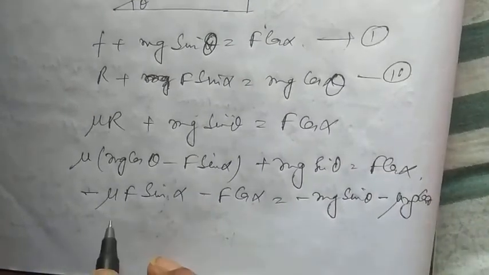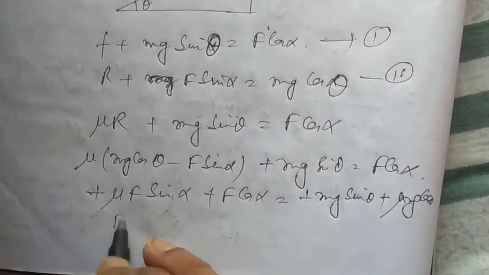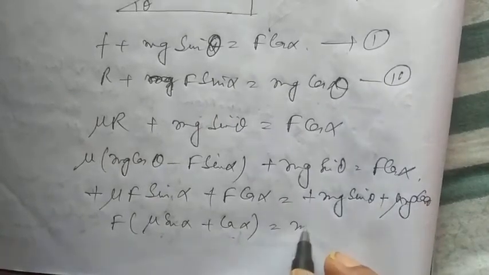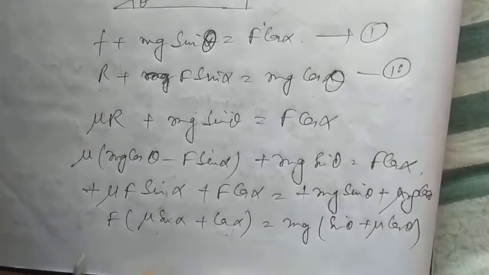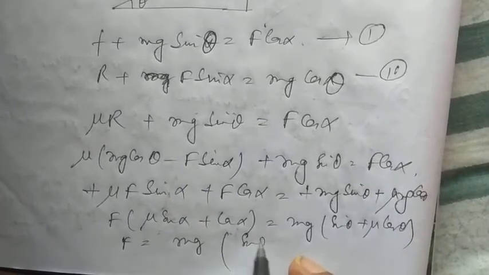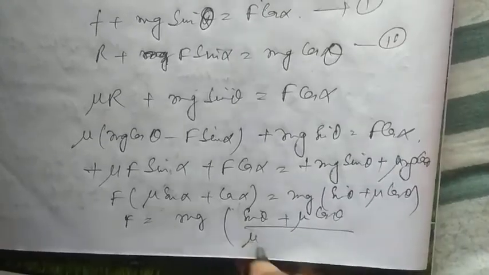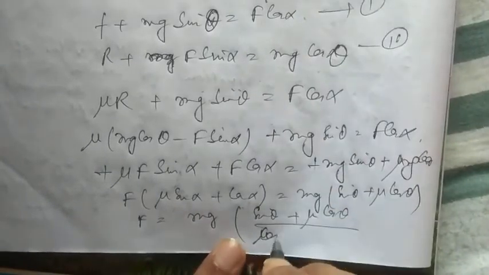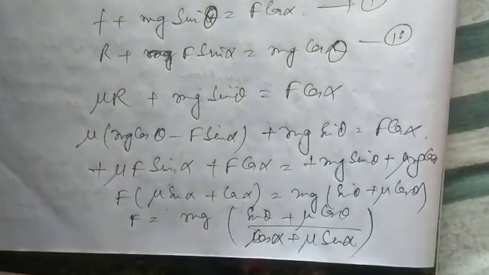So multiply the equation with minus, we get all plus signs. Taking F common here, mu sin alpha plus cos alpha, and mg common here, we get sin theta plus mu cos theta. So F is equal to mg into sin theta plus mu cos theta by cos alpha plus mu sin alpha. So this is the value of F.